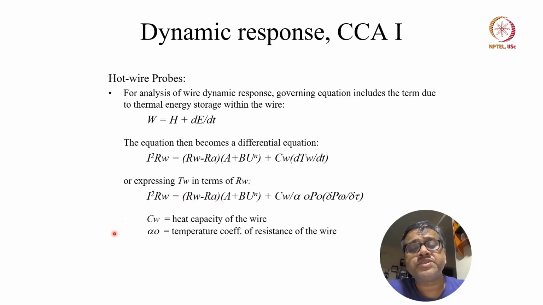This is the combined expression you are going to write. Forget about these symbols, you can just work out the math. It's very simple math. You are putting TW in terms of RW, and therefore you get this kind of differential equation.